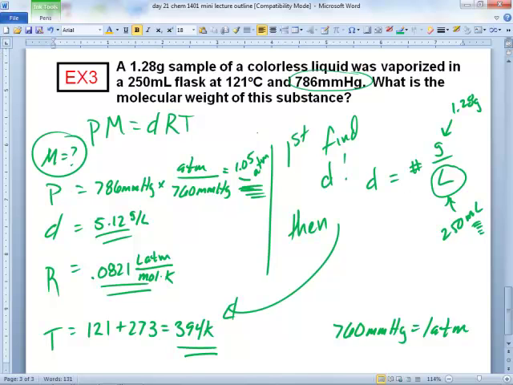So those are the numbers I got for P, D, R, and T. Plug them in, solve for your M.